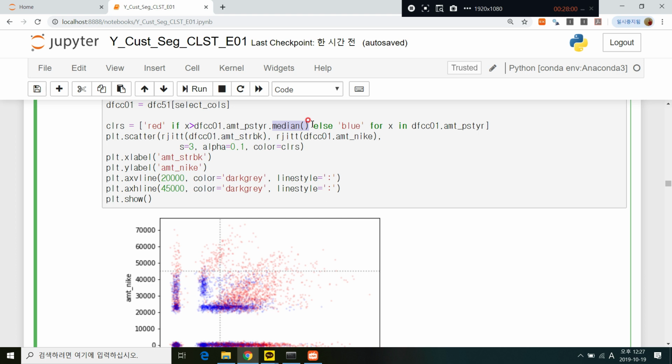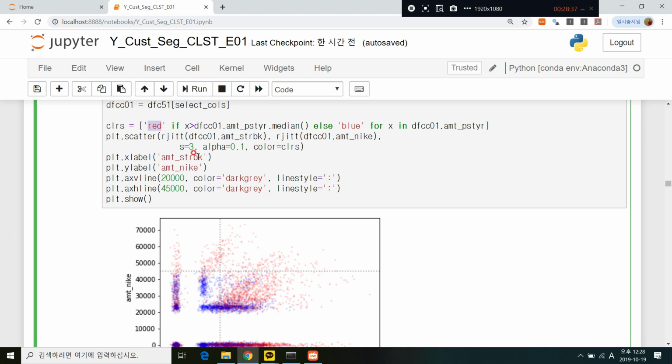We often use this syntax, this kind of grammar in Python, to divide groups up and create a group for this dimension if it's greater than the median.